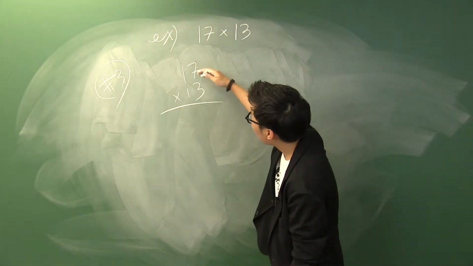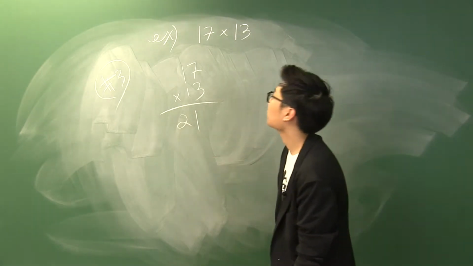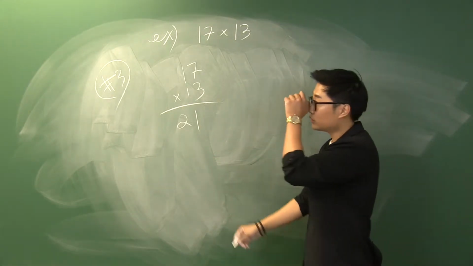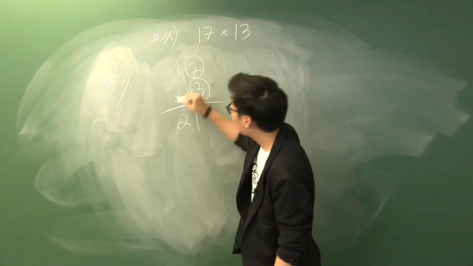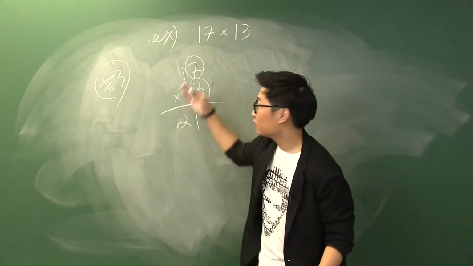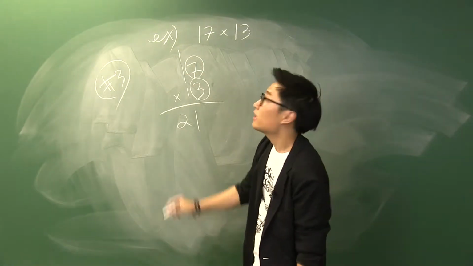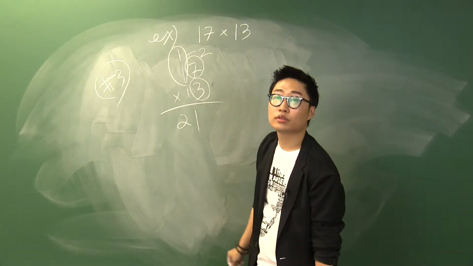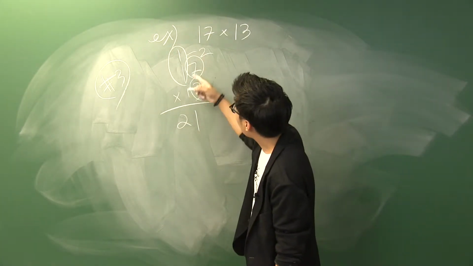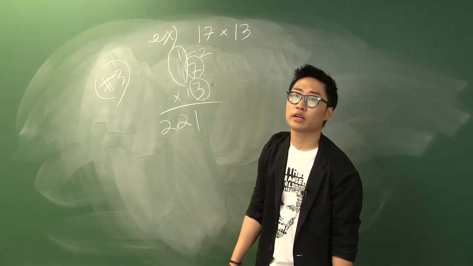I'm going to do 7 times 3, like method number 2, so 21. And then I'm going to add the 7 and the 3, which is 10, right? 7 plus 3 is 10. And I'm going to put 1 up there. And then I'm going to add these 2, which is 2. And then 2 times 1, 2. 221. You're like, what the hell?